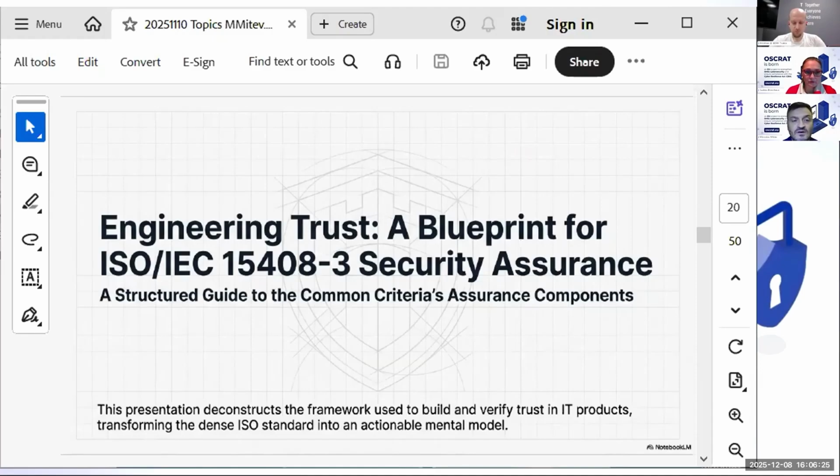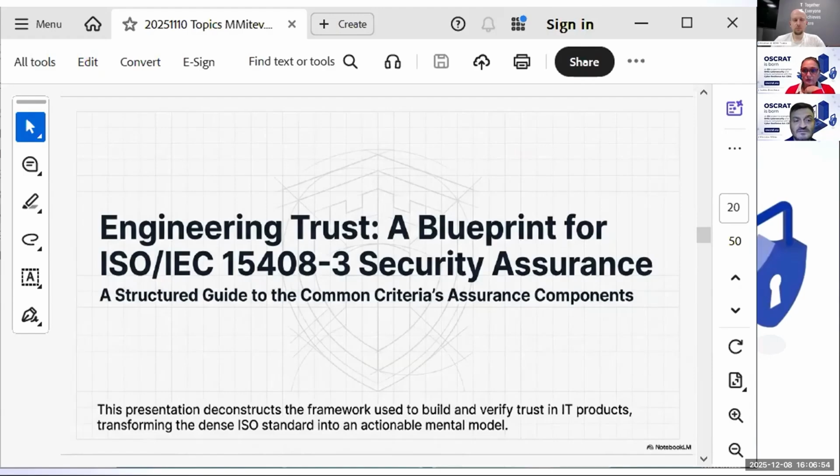The goal of this session is to show the participants how complex standards can be turned into a clear and logical model for evaluating security. I'm an expert in the field of standardization, and in my work, I help organizations understand how security assurance works in practice.